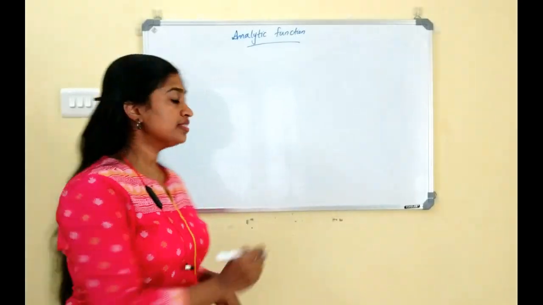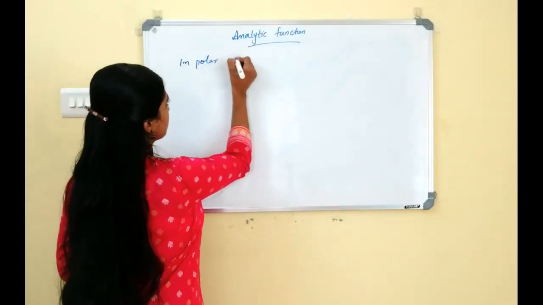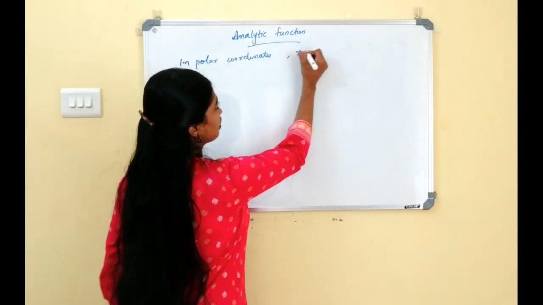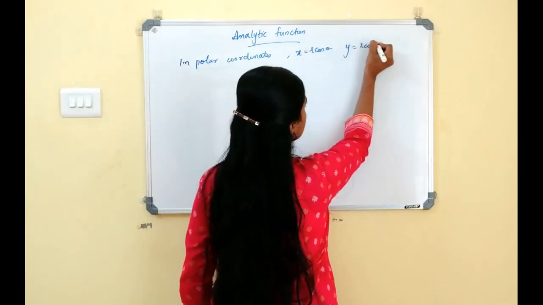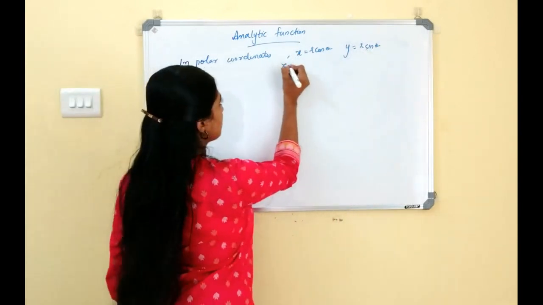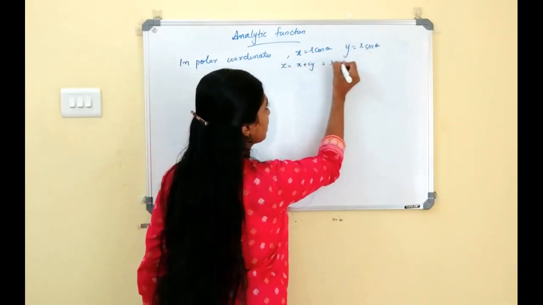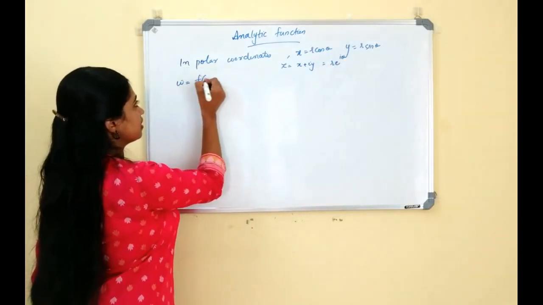In polar coordinates, we can express x is equal to r cos theta, y is equal to r sin theta, and the complex variable z is equal to x plus iy is equal to r e raised to i theta. w is a function of z.